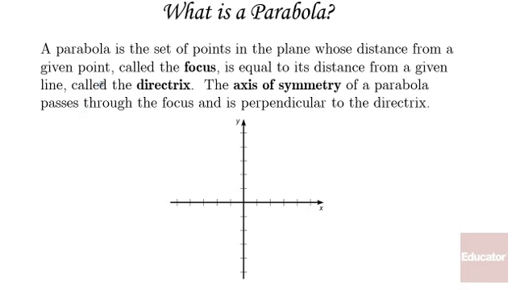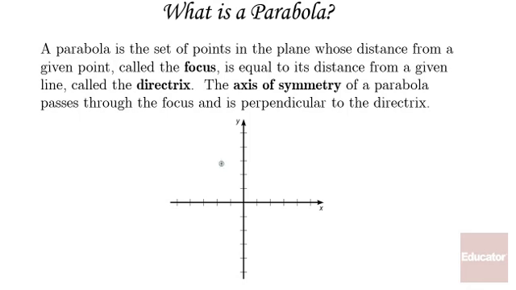So the definition of a parabola is that it's the set of points in the plane whose distance from a given point called the focus is equal to its distance from a given line called the directrix. Let's talk about that before we go on to talk about the axis of symmetry.